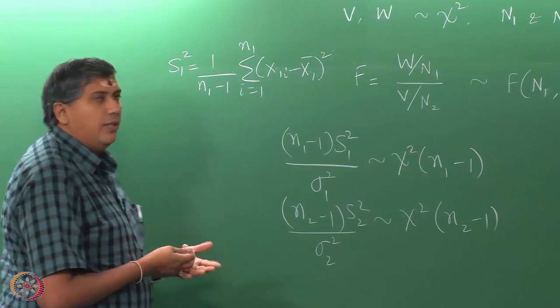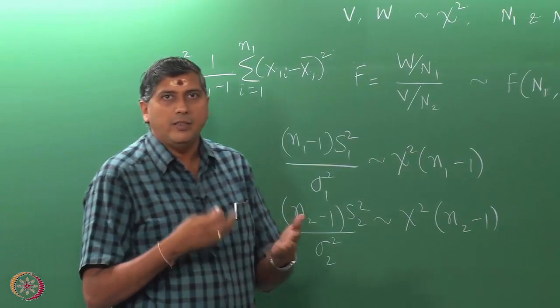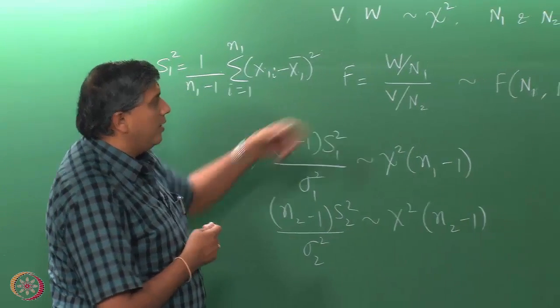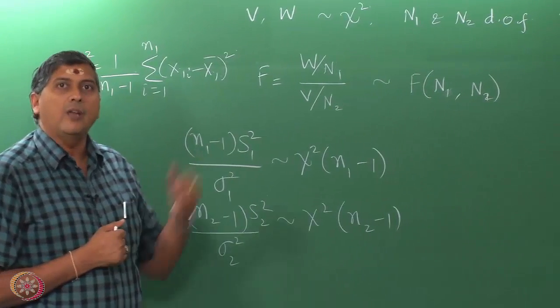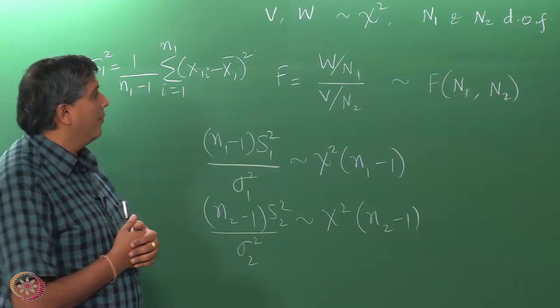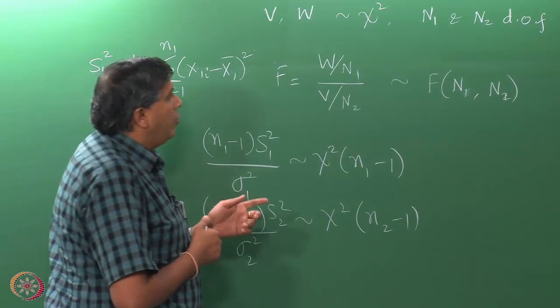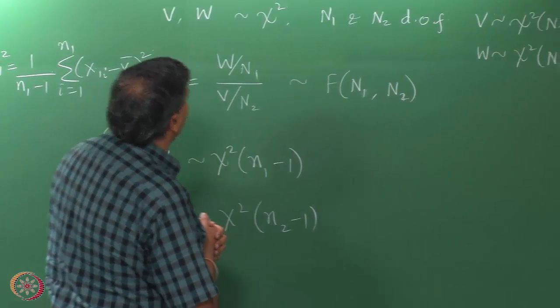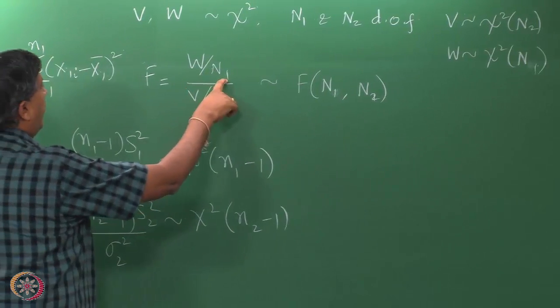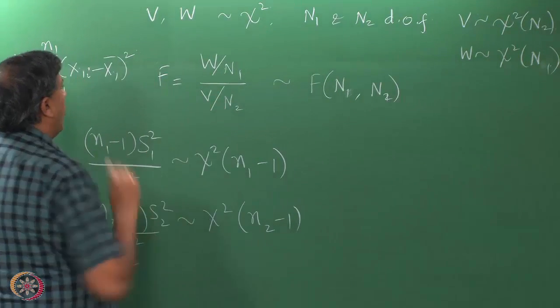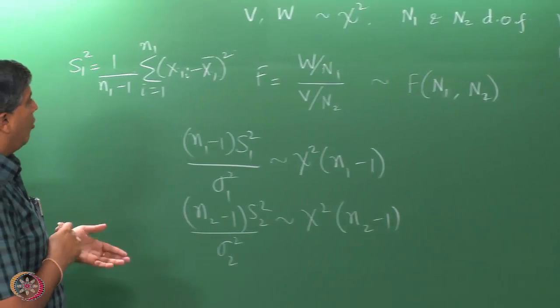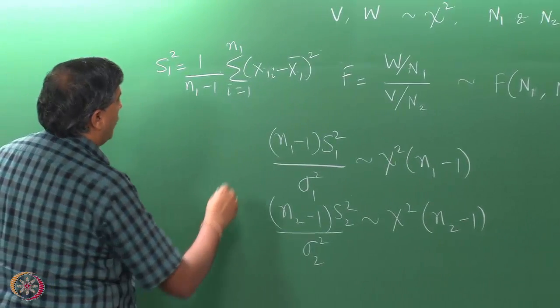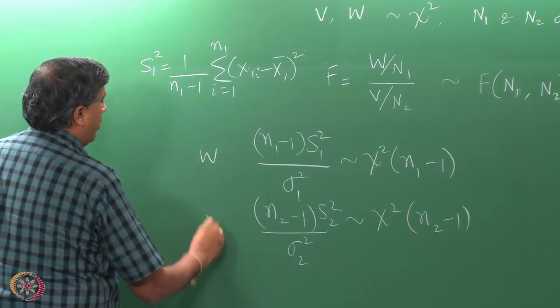One way of comparison is ratio, other way of comparison is difference, as we have done in the means, but this result we know already. Therefore, we would like to exploit this result. Here it says if W has a chi-square distribution with n1 degrees of freedom, then W over n1 over V over n2 follows an F distribution. Now, all I have to do is think of this as W and think of this as V.